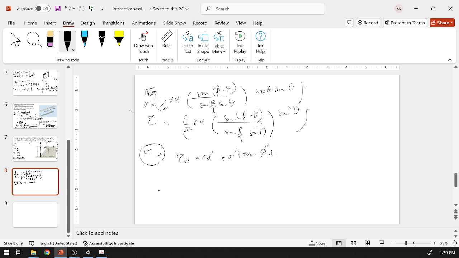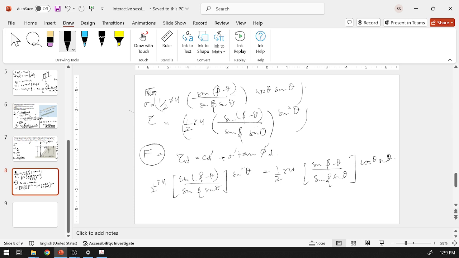If we take factor of safety equal to 1, for example, we will have half of gamma h sine of beta minus theta over sine of beta sine of theta sine square theta equals half of gamma h sine of beta minus theta over sine of beta sine of theta cos theta sine theta tan phi plus c_d. Okay, c_d plus sigma tan phi.